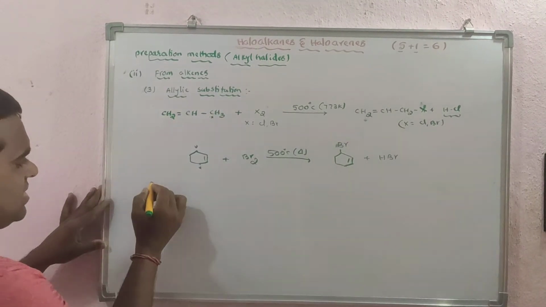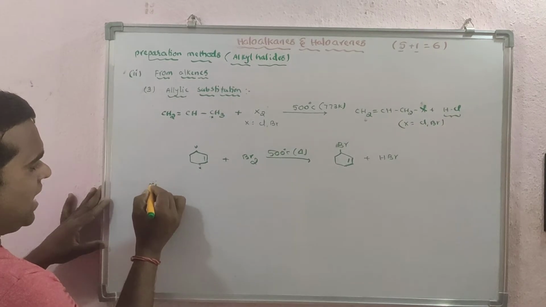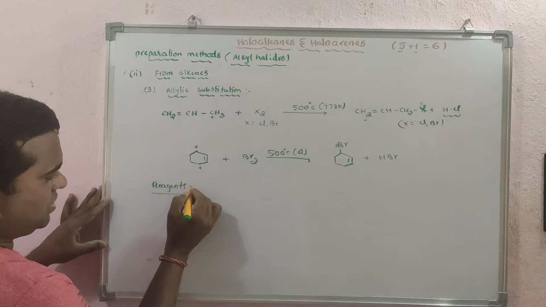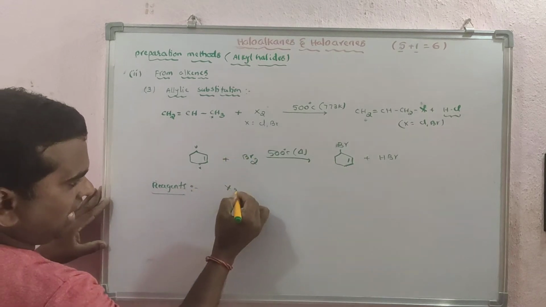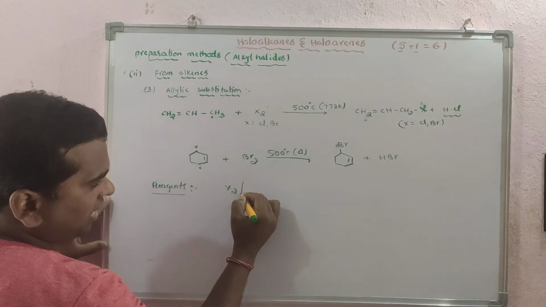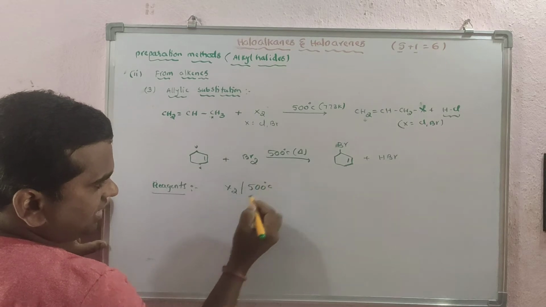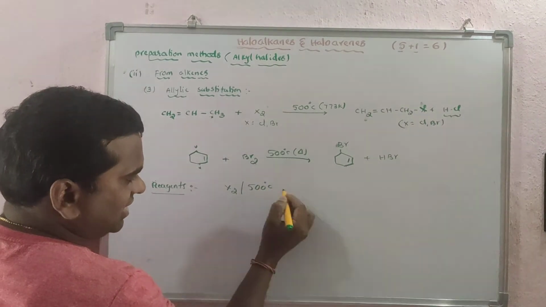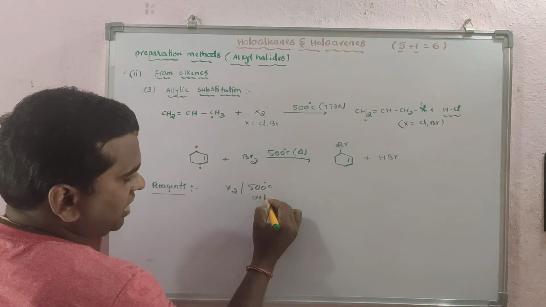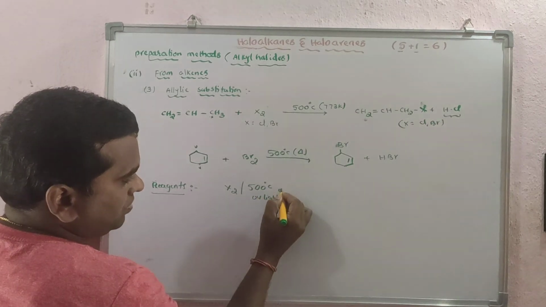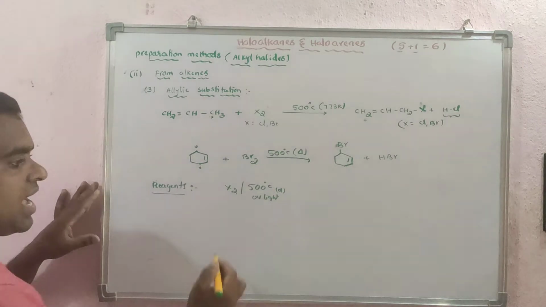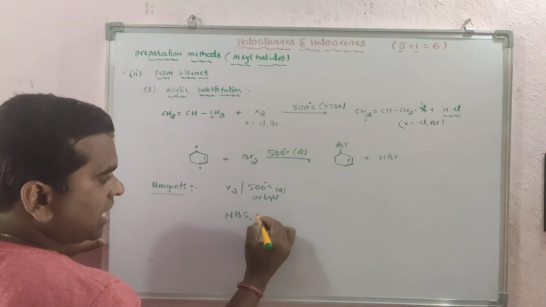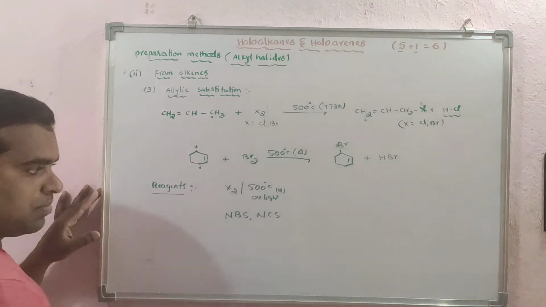And what are the reagents used in allylic substitution? One is halogen, which I already mentioned, at 500 degrees centigrade, or sometimes they will give delta, or sometimes UV light also. Okay, this is one reagent. And another one is NBS or NCS.